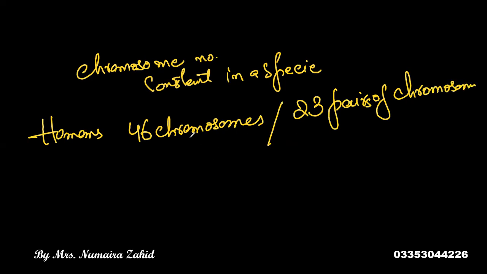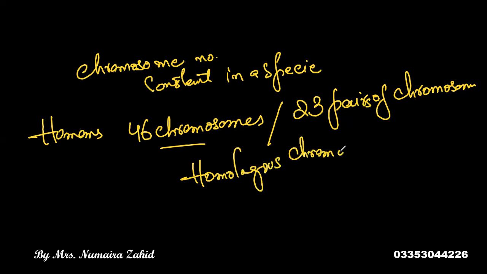Okay, these pairs are homologous chromosomes, meaning every pair of same chromosomes makes up homologous chromosomes. So the number and shapes of chromosomes remain constant in all individuals of a species generation after generation.